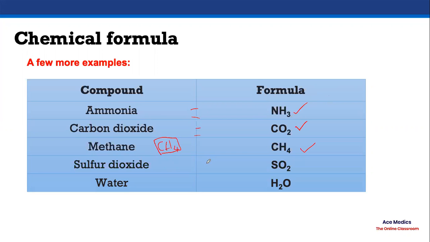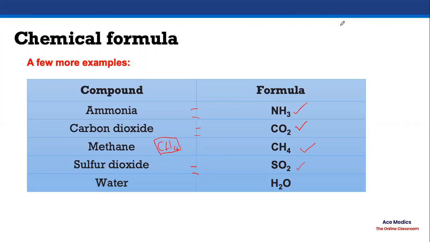Next, we have sulfur dioxide. Sulfur dioxide is an example of a greenhouse gas, and it has the formula CO2. No, sorry, SO2. Again, sulfur dioxide, how many sulfur atoms are there and how many oxygen atoms are there?